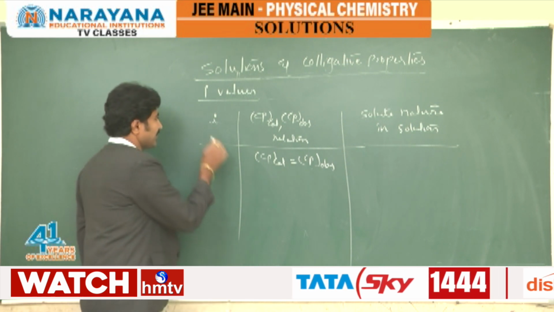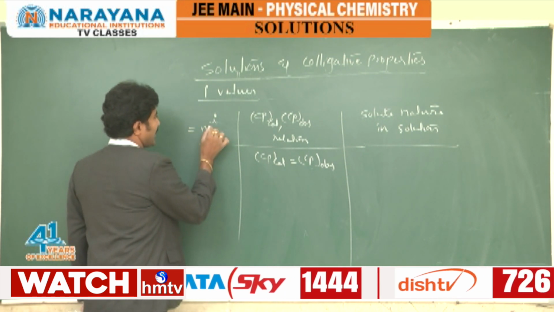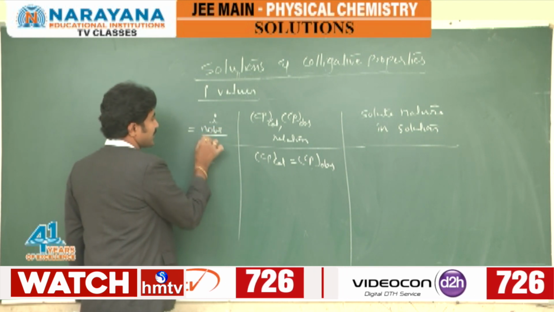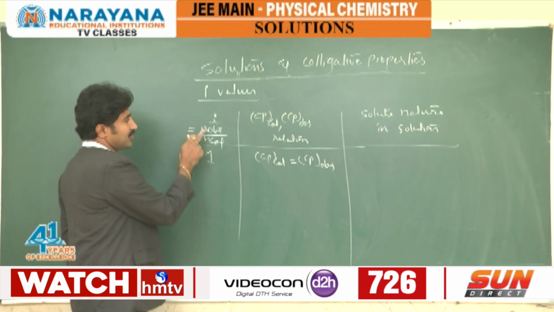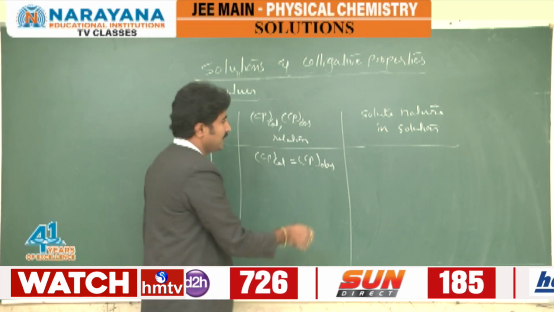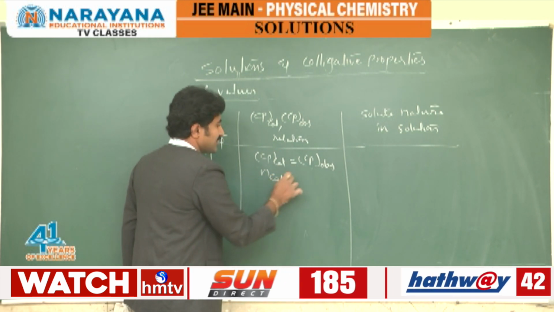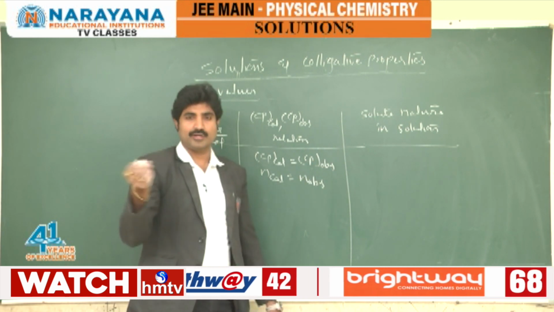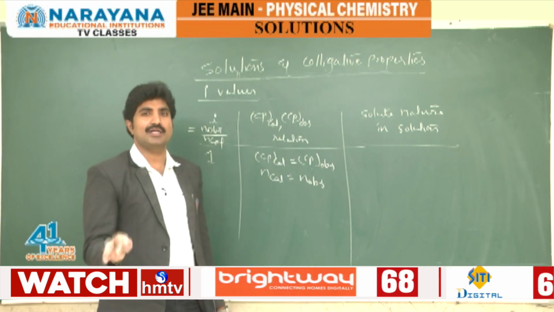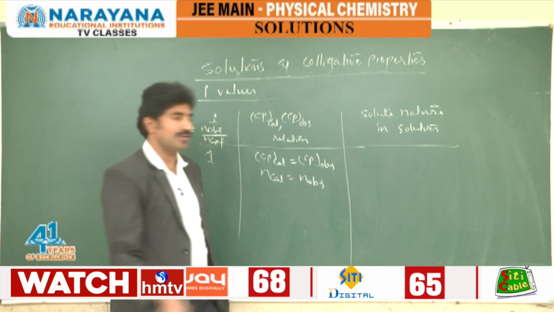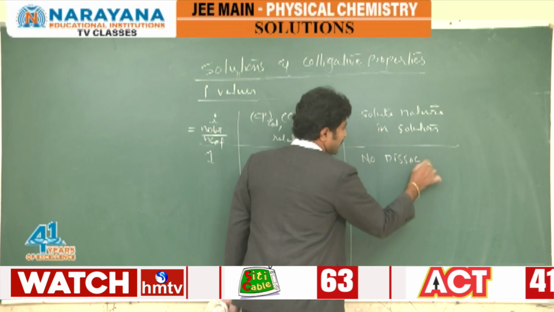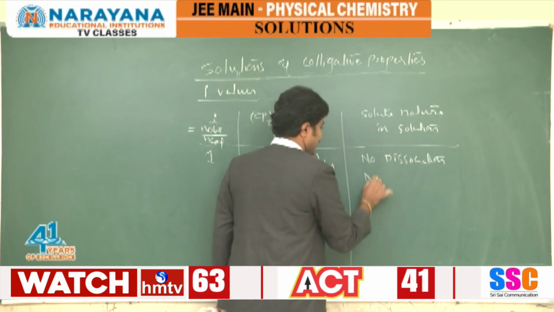So these are the calculated moles and observed moles. Here observed moles and calculated moles are both equal. n calculated must be equal to n observed. Based on this, what we can understand is that whatever solute you added is left like that only in the solution, and it doesn't undergo association or dissociation. This is the no dissociation, no association case.